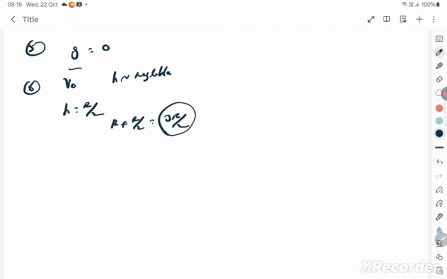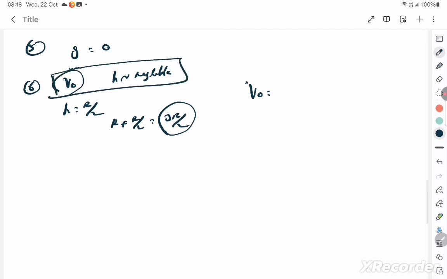If they are asking for the orbital velocity, the formula for orbital velocity is already given as V0 when height is negligible. Now they are asking for the orbital velocity in the second case, which is V0 dash.